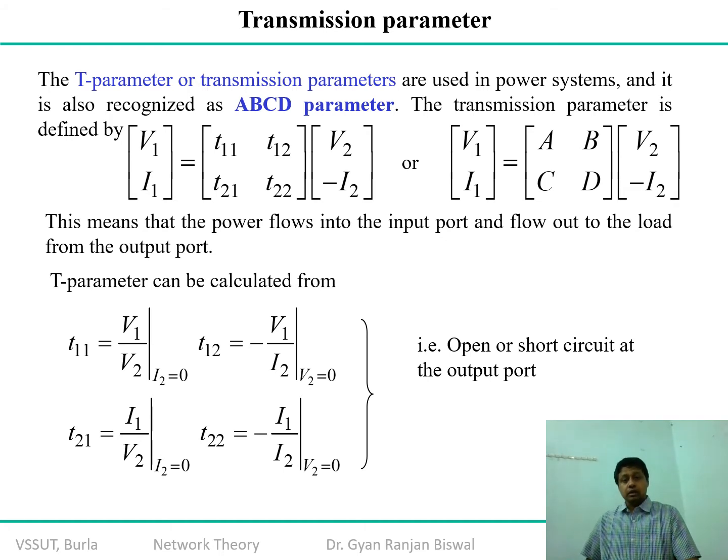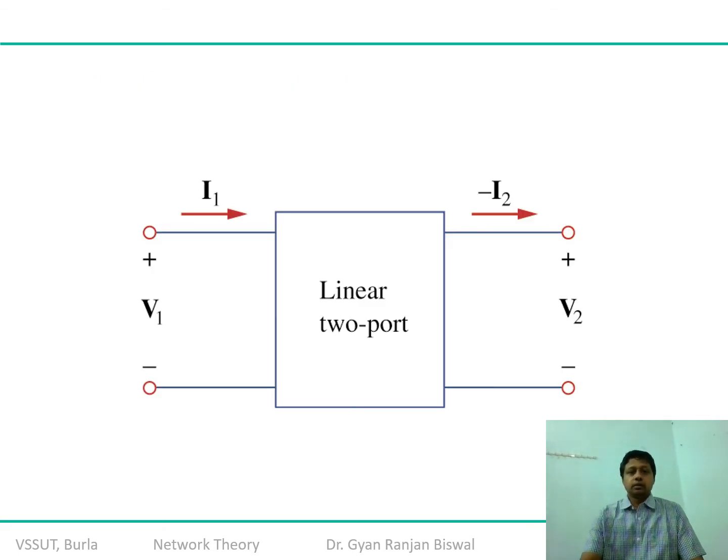Okay, so remember, in the entire scenario you are getting all the factors in reverse direction because your V1 and I1 are the dependent variables. So you are applying the short and open circuit conditions, as you can see in this particular diagram. I hope you will be able to appreciate there is a linear two-port network, but now you are assuming the correct direction of flow of I2, unlike the rest of the three parameters.